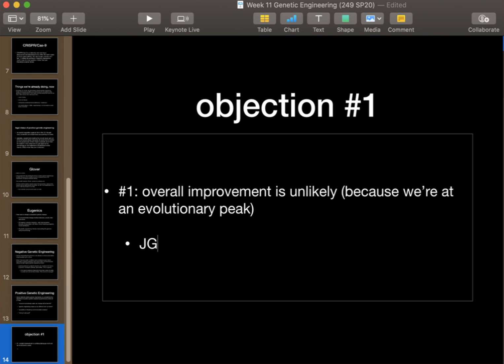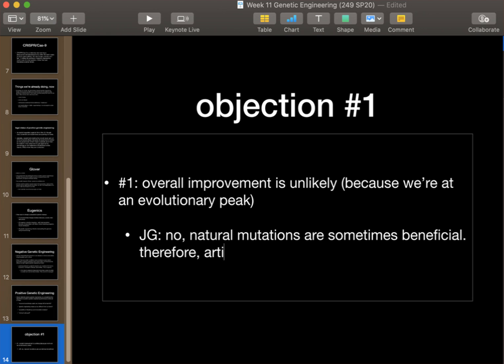Okay? So Glover says, no, that's not true. Natural mutations are sometimes beneficial. Therefore, artificial ones can be too.